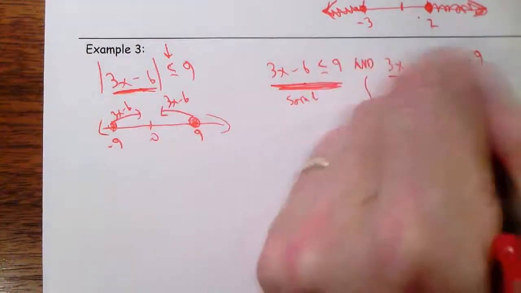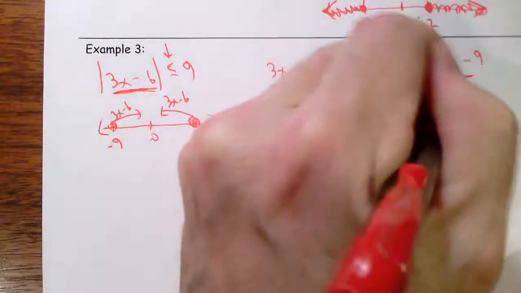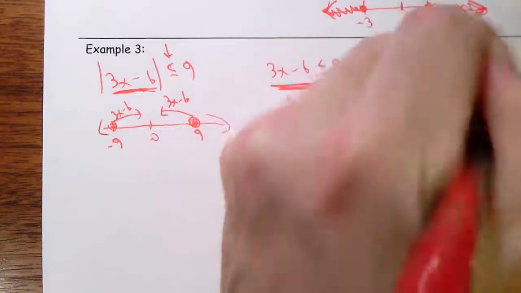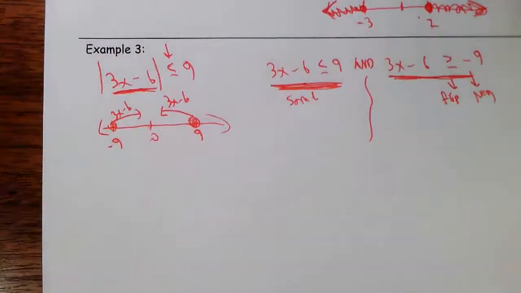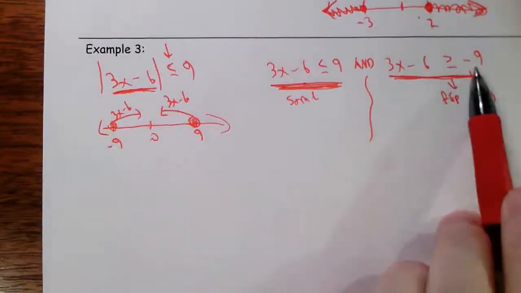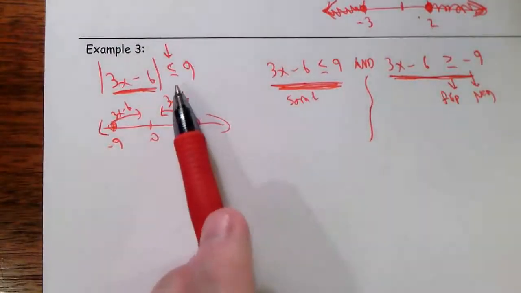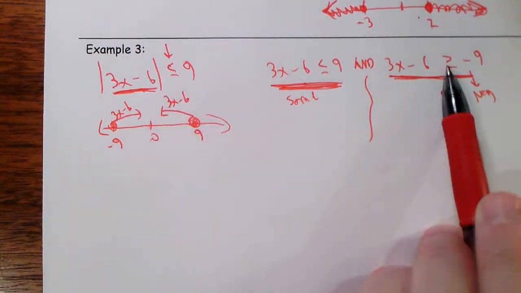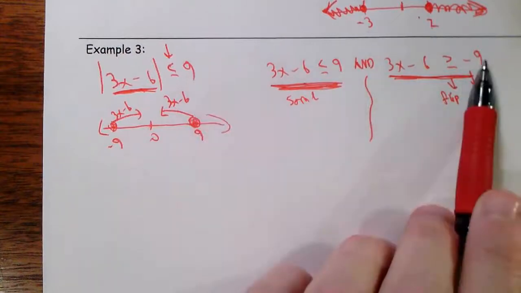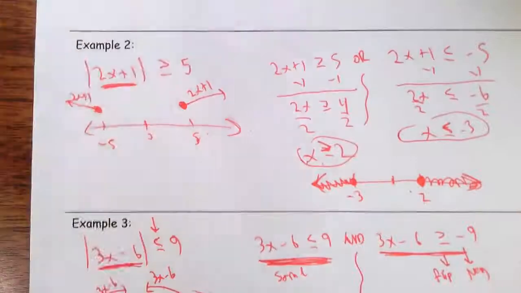The second sentence, you flip the inequality and you make it negative. Flip the inequality and make it negative. You do that every time. See how the inequality was less than, and I flipped it, and I made the 9 negative. Look how that works in our previous example also.